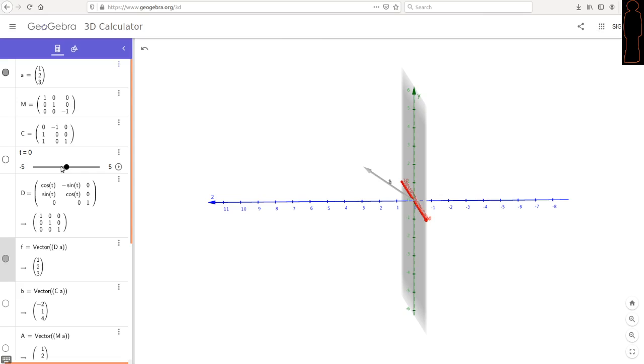Now let us try and change the t value, and as the t value changes, let us see how the vector is going to get animated. Watch out for the F vector and see the animation. We see something really interesting now.